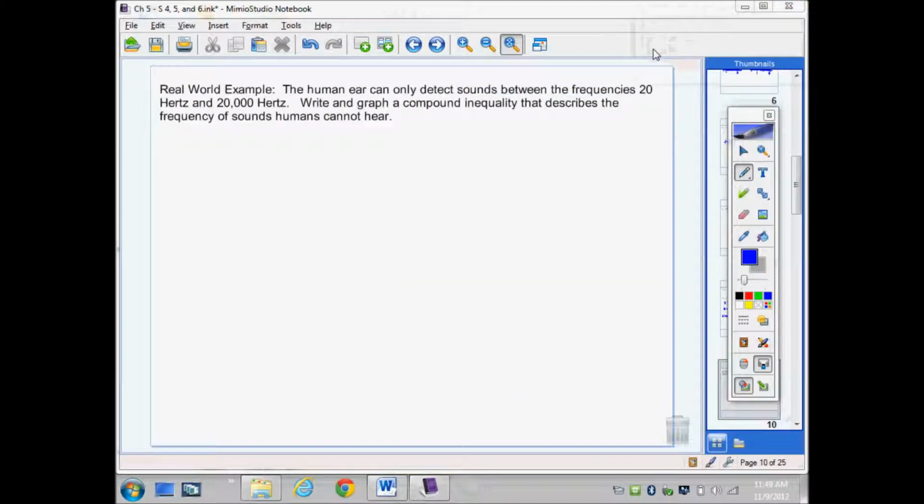Alright, so the human ear can only detect sounds between the frequencies of 20 hertz and 20,000 hertz. We can't hear anything louder than that? We can't hear anything lower than 20 or higher than 20,000. Because it'll destroy our eardrums? No, we just can't hear it. Why can't we hear it? Our ears don't have the capacity for that kind of vibration.